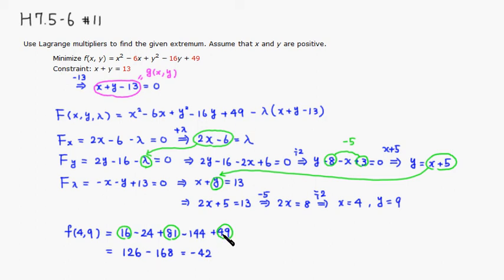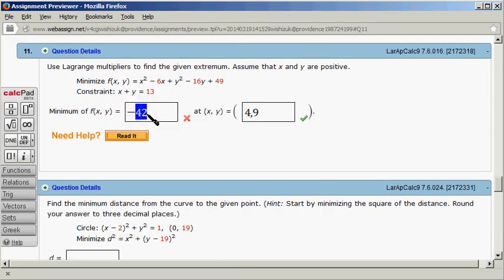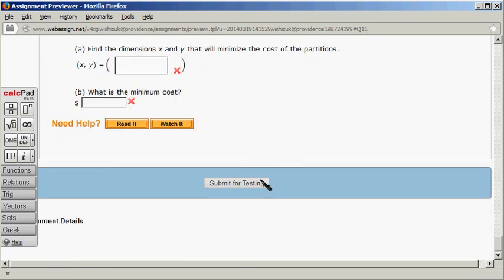So this should have been 146, which makes this negative 22. Let's see if this is correct. So it should have been negative 22. Let's check the answer.